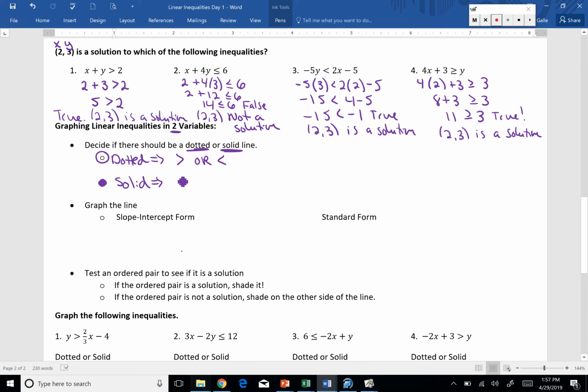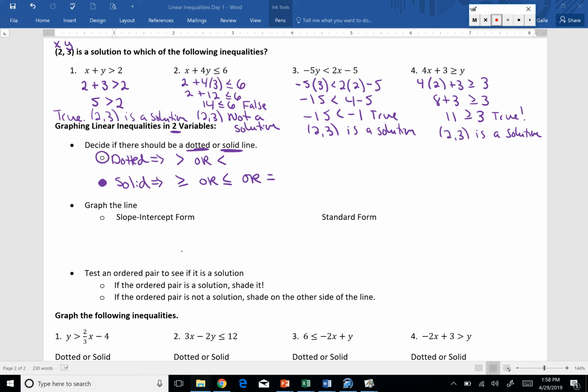And the closed circle happened when we had equal to's. Like I said, all that front review work we did, I'm trying to help you connect it to our new pieces. So our dotted line is like our open circle.